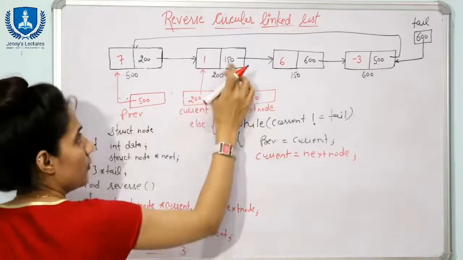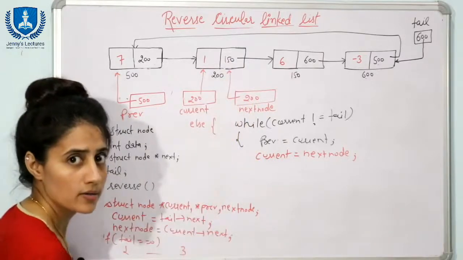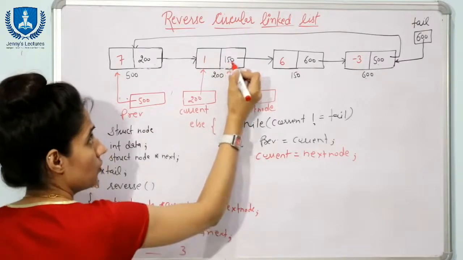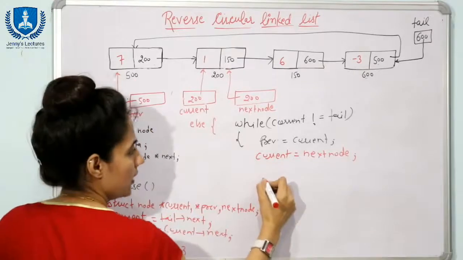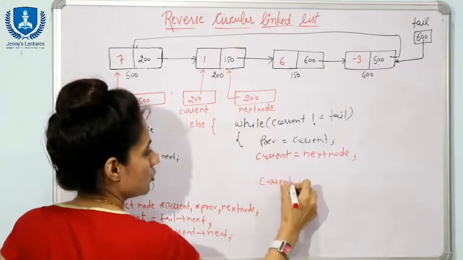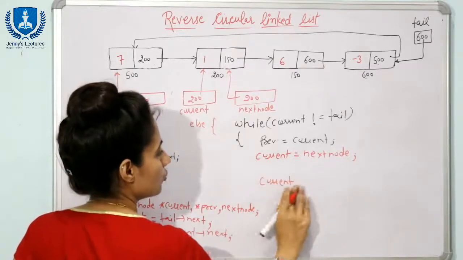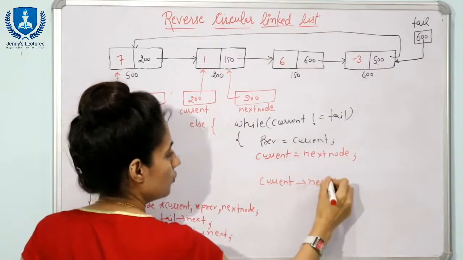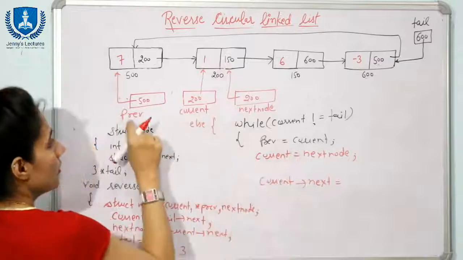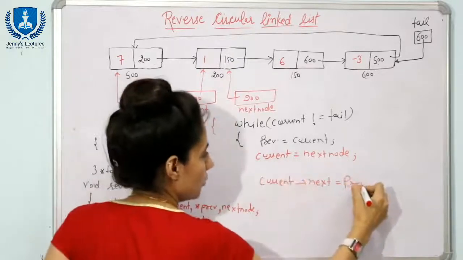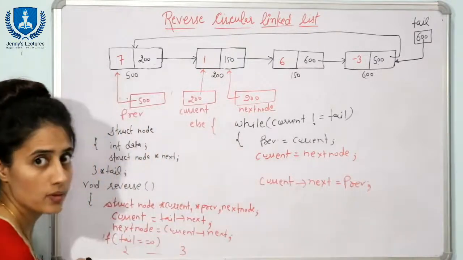So now we can update this part. Here you will store the address of the previous node for reversing, that is 500. So what can I write, how can you access this part? Current of next equal to prev, whatever the value in previous node, right?